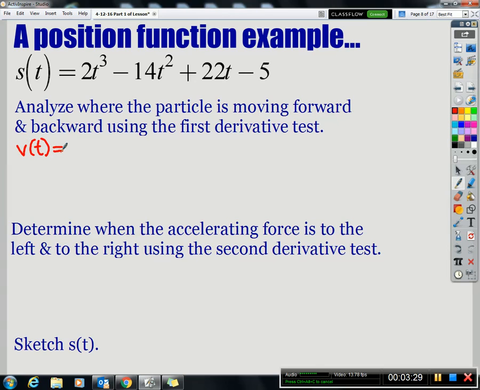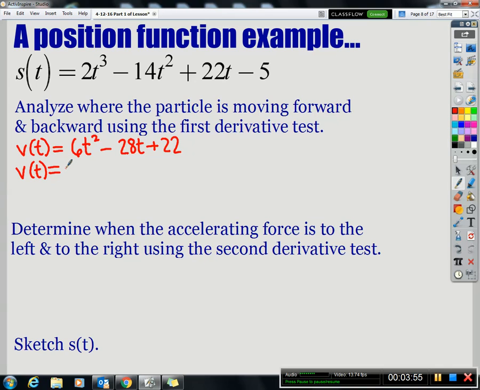So the velocity is going to be, what? 6t squared minus 28t plus 22. And usually the best thing to do is factor these if you can, because we know that we tend to look for critical values from the derivative, and of course velocity is a derivative.